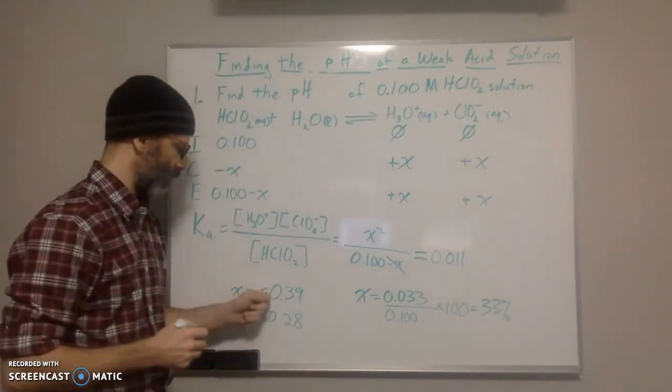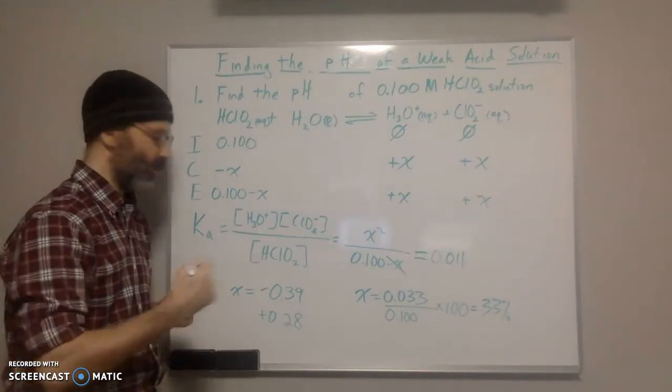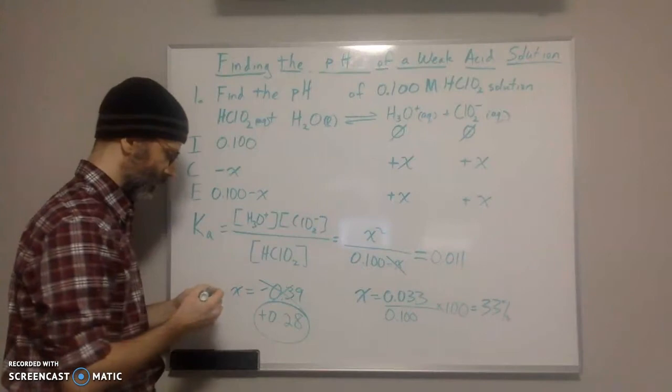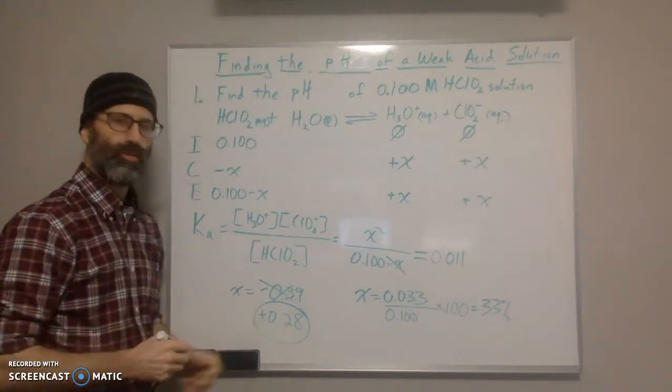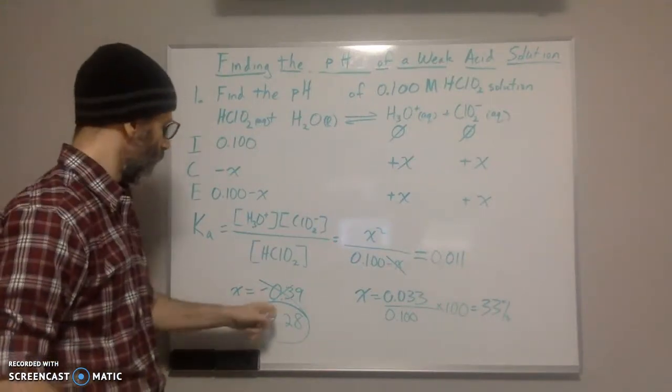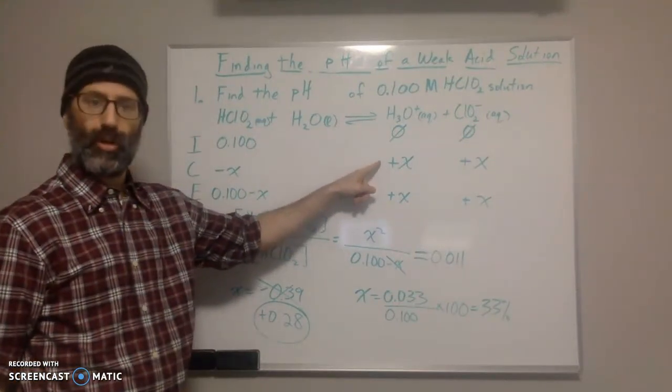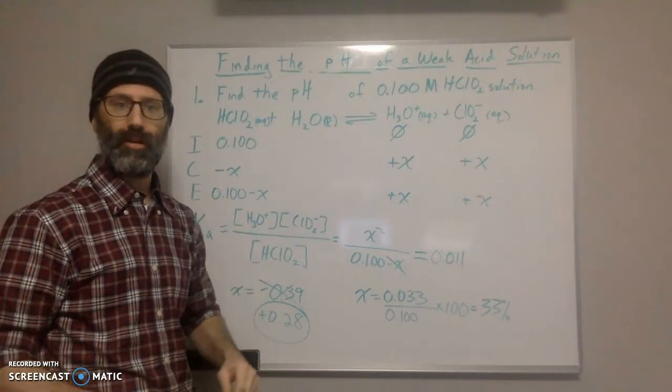Obviously, you can't have a negative concentration, so you're going to get rid of that one. So the answer would be x is equal to 0.28. So now you know what x is. You got your hydronium ion concentration.